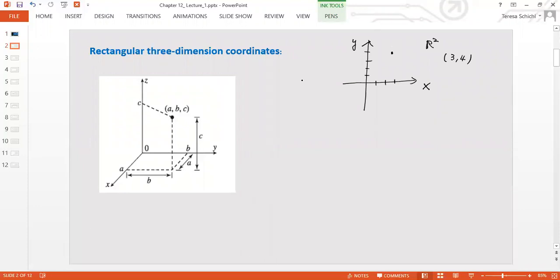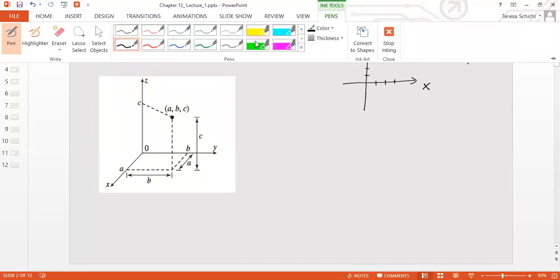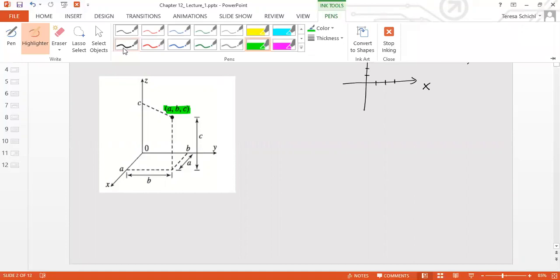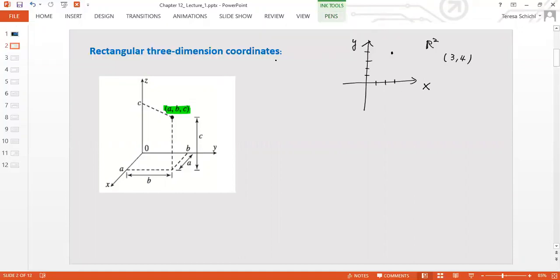Today, in this chapter, we're going to expand that to three dimensions, so it's in R3. That means we add one more coordinate: we have the x-axis, y-axis, and the z-axis. For any given point, like A, B, C, it's just like we did in R2.